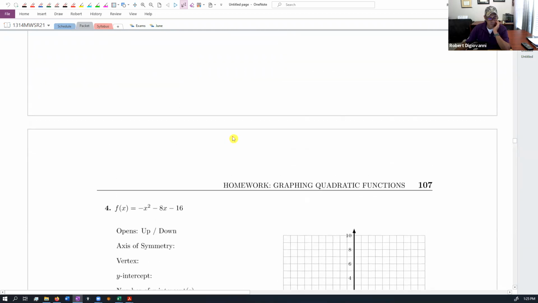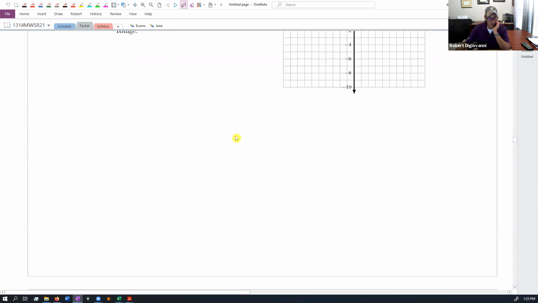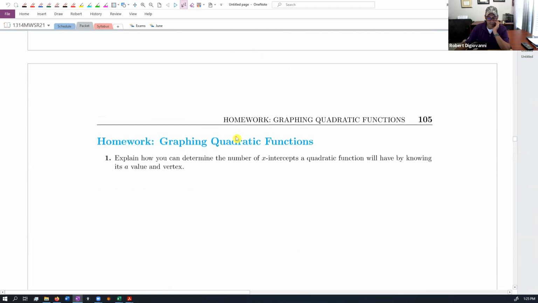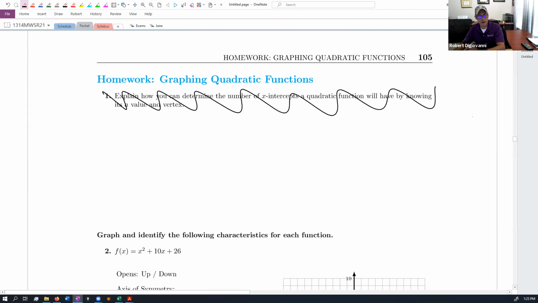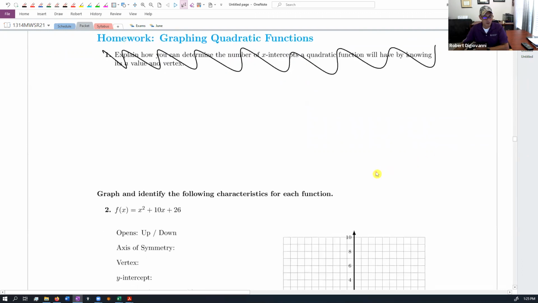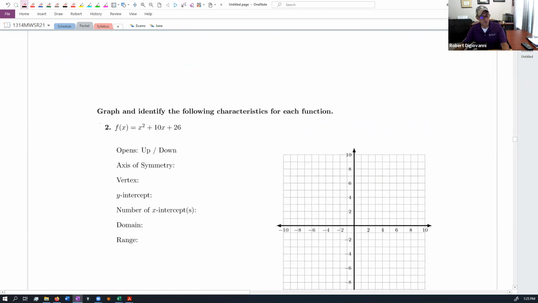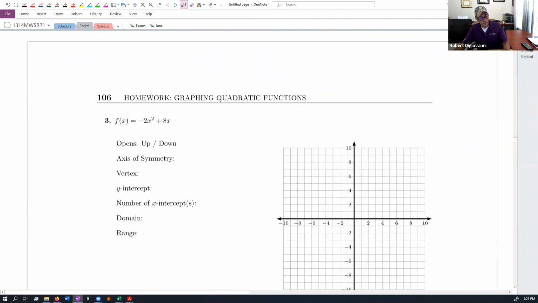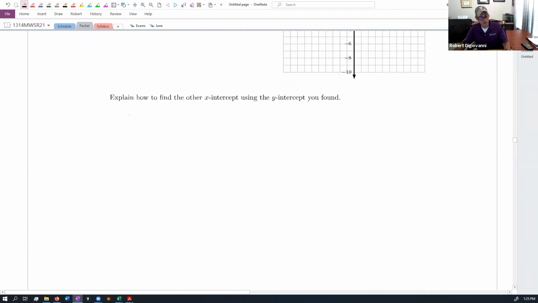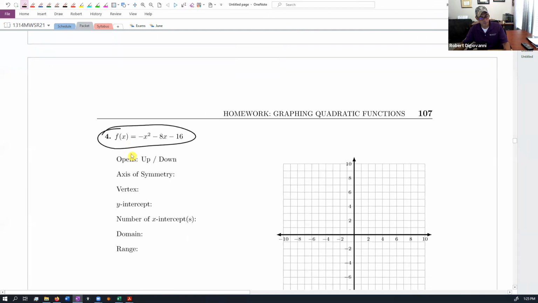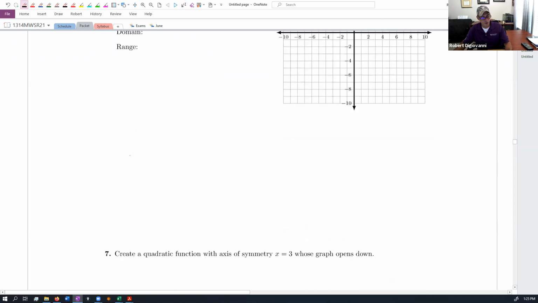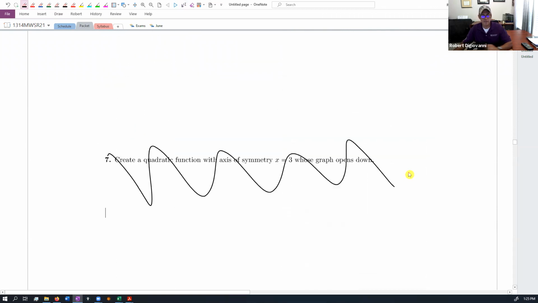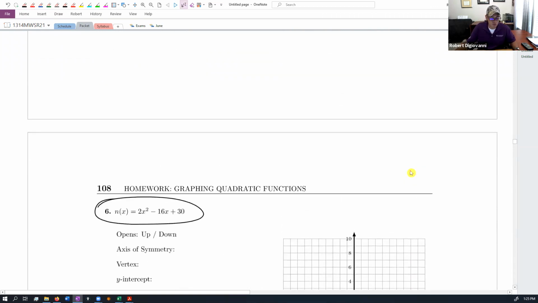For your homework, it is page 105. Y'all can skip number 1. Don't worry about that. Do numbers 2 through 6. But don't worry about number 7. So you're just going to do 2 through 6.